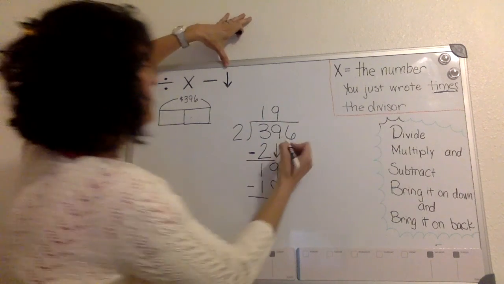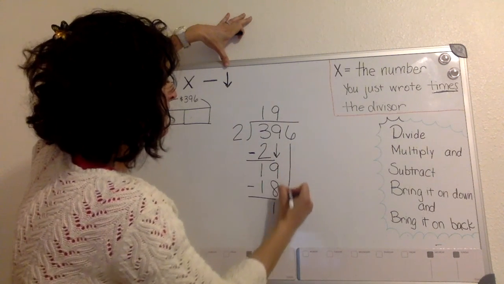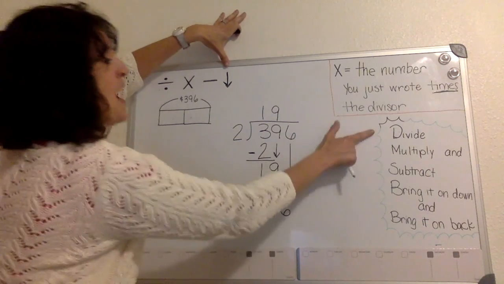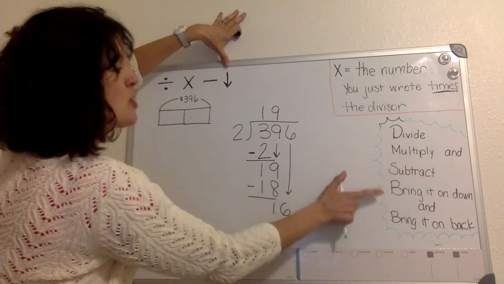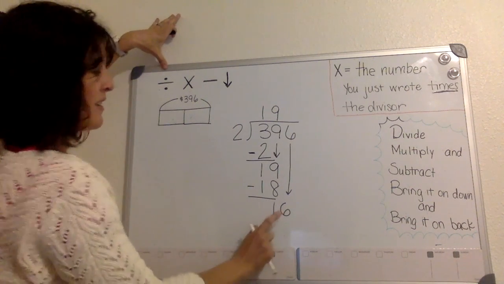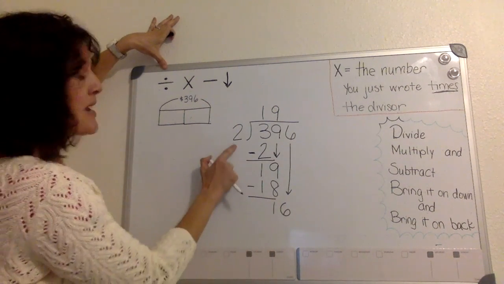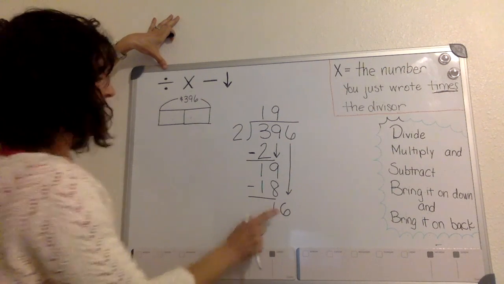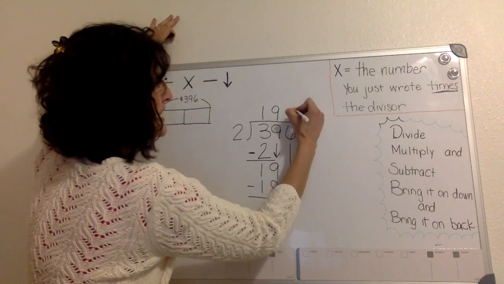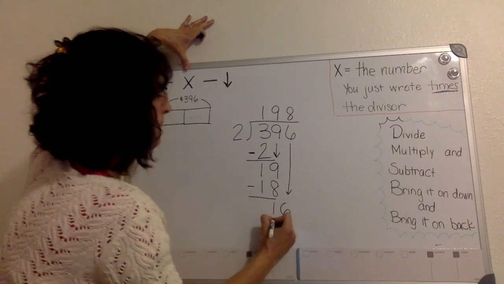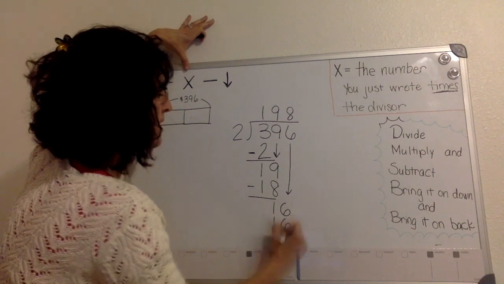Bring it down. Yep, I have another one. Divide, multiply, and subtract. Bring it on down and bring it on back. Now I have 16 divided by 2. 2 times what is 16? 8. 16 divided by 2 is 8. Multiply. 16.